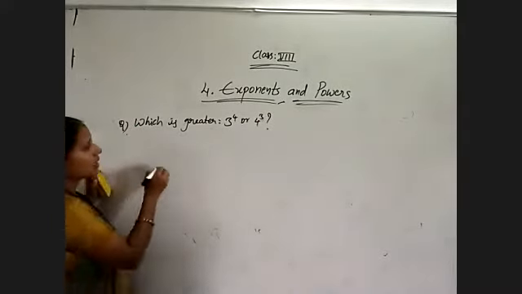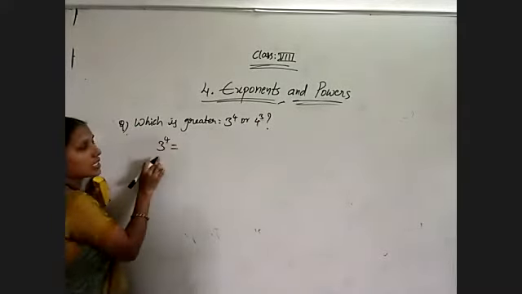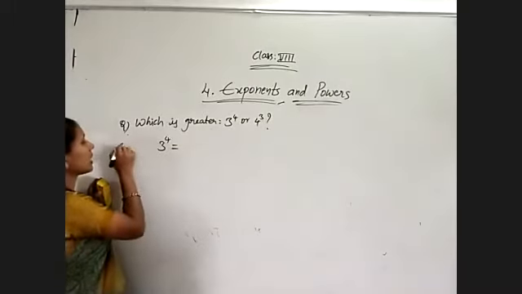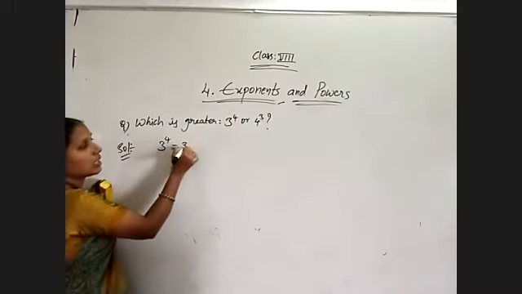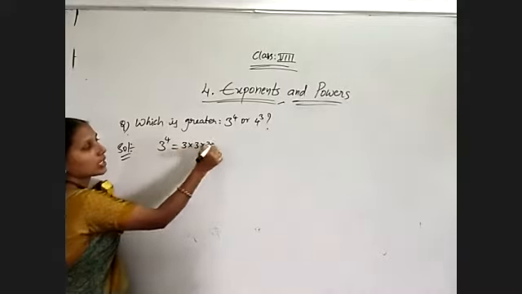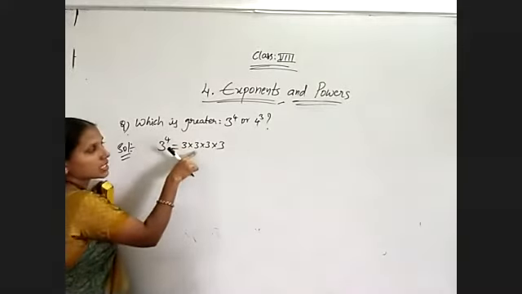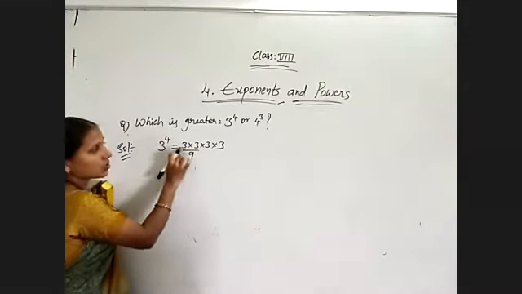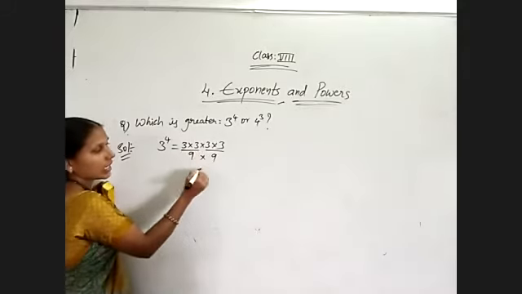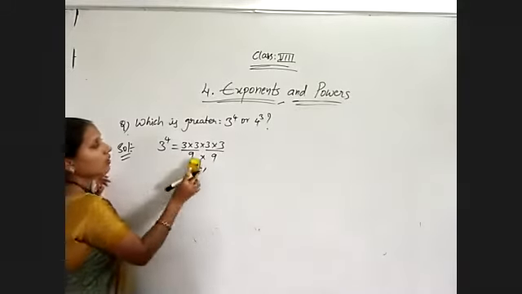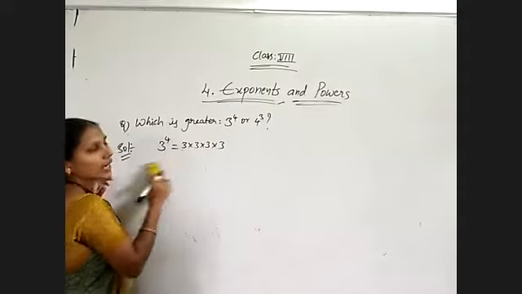Now, 3 power 4, what is it? It is in the exponential form. So try to write it in its product form. 3 into 3 into 3 into 3. 3 3s are 9. These 2 3s are 9. 3 3s are 9. Totally 9 9s are 81.